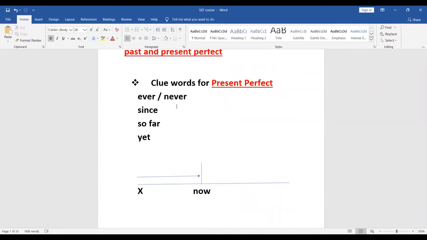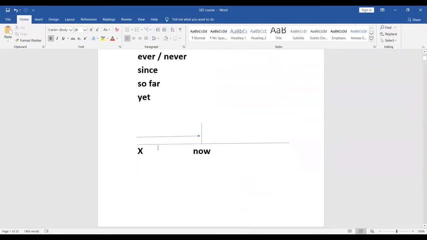What's the difference? Let's take a look at the timeline. So this is a timeline. X is the past. The middle line here is now, which means this is the present. And this is the future.